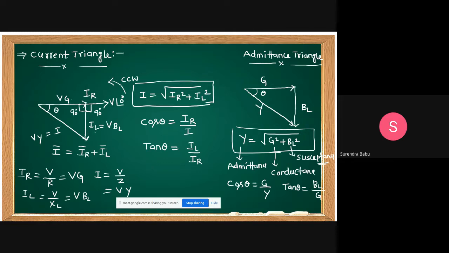Yes, friends. But point to remember, the triangle is going like this. IL is lagging with V. That means we are measuring the theta like this, with respect to this I, with respect to Y. That means we are measuring in which direction?